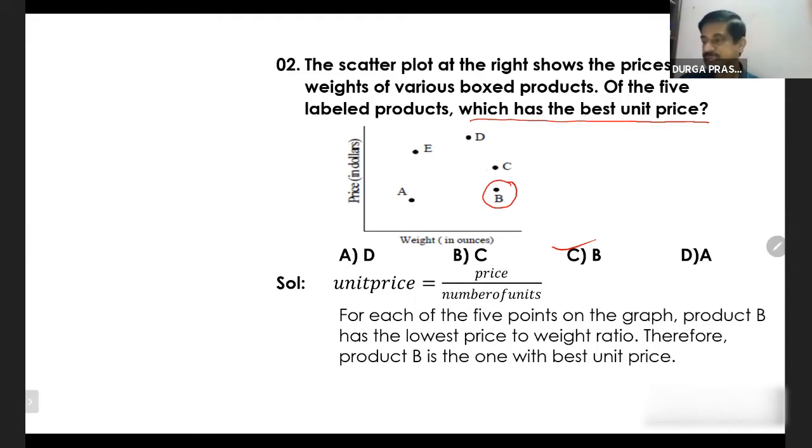B and C are almost the same in terms of weights. So price by weight will be least compared to C. And the remaining all have higher prices and lesser weights, so automatically there will be greater prices. So the best price will be for product B. Please note that.